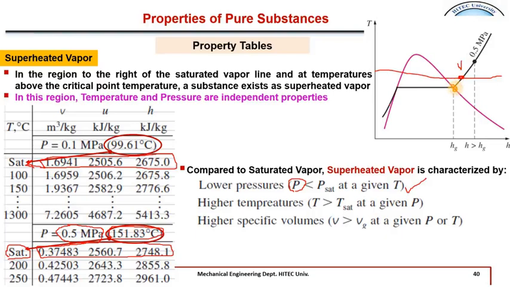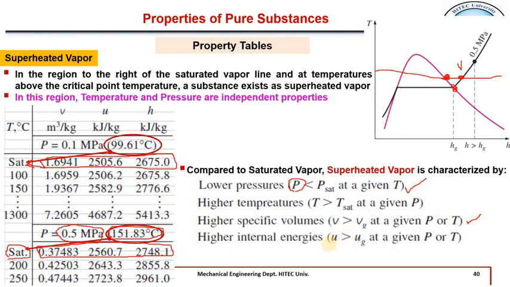At a given P, this point has a higher volume than Vg. At a given temperature, this V is again greater than this Vg at this temperature. So that is the meaning of this third point.